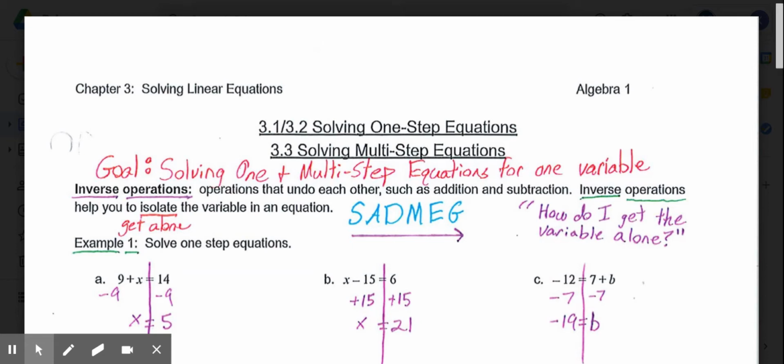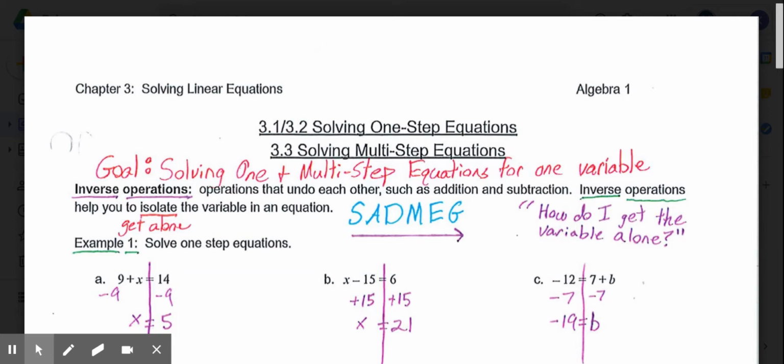So first off, we're going to start with just looking at the title for Chapter 3, which is Solving Linear Equations. The reason this is important to understand is that all the equations we're looking at in this chapter, being linear equations, means that they can be graphed as a line or represented as a line.